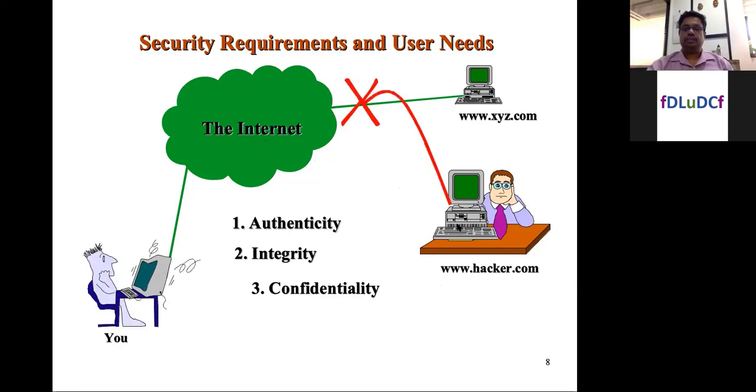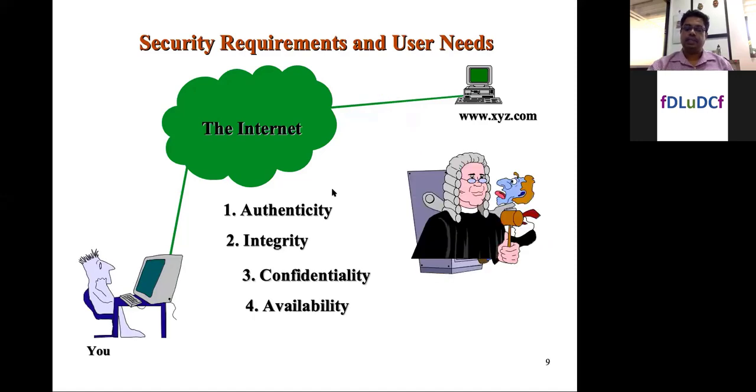Not only that, some hacker can block your communication entirely, so it doesn't have the availability security feature. And that's not the last one. There are other requirements, especially when you do electronic transactions like payments on the internet. If you do payments, between the server and you, both parties have to collect evidence of those payments.